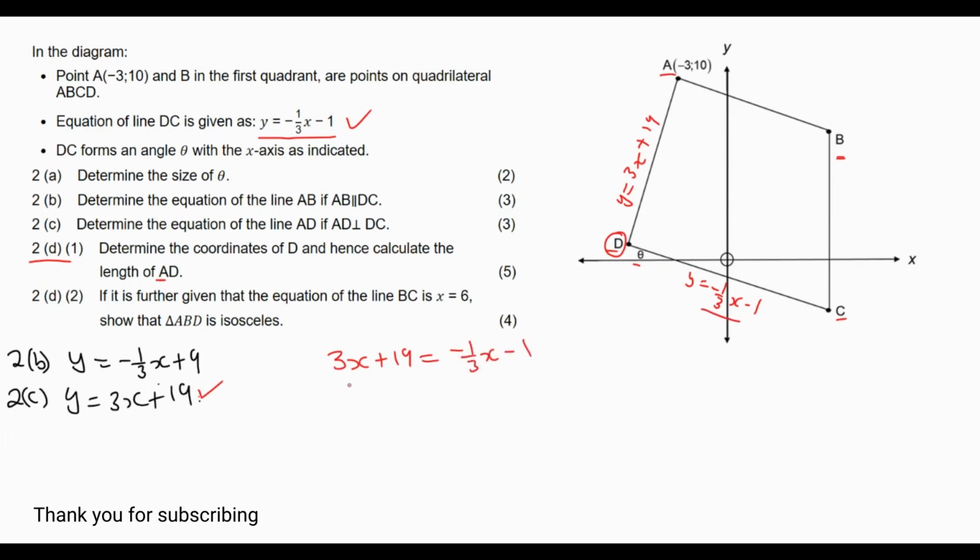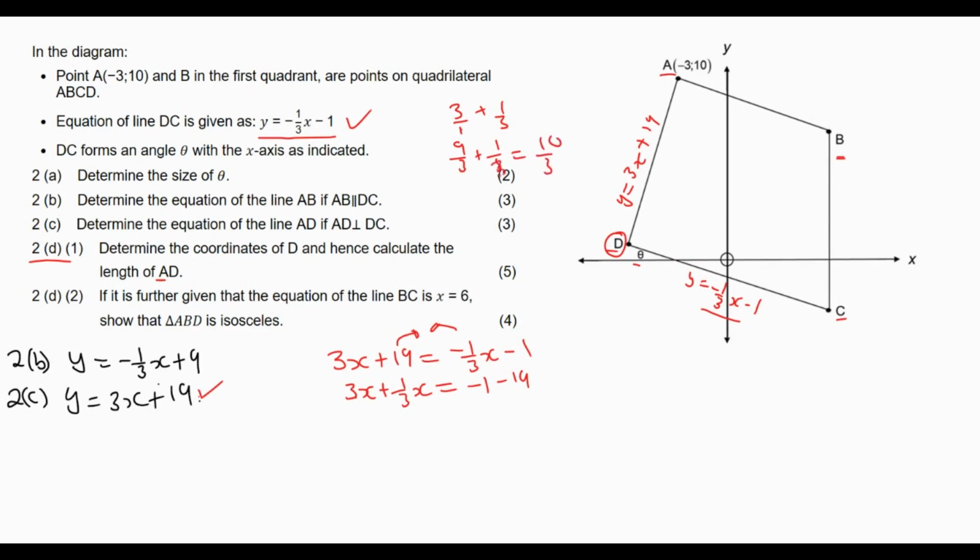Right, let's collect the like terms. 3x plus 1/3 x after transposing, is equal to -1, and then we transpose 19 and it becomes -19. 3 plus 1/3, multiplied by 3, becomes 9/3 plus 1/3, which is 10/3. Okay, it becomes 10x/3 is equal to -20.